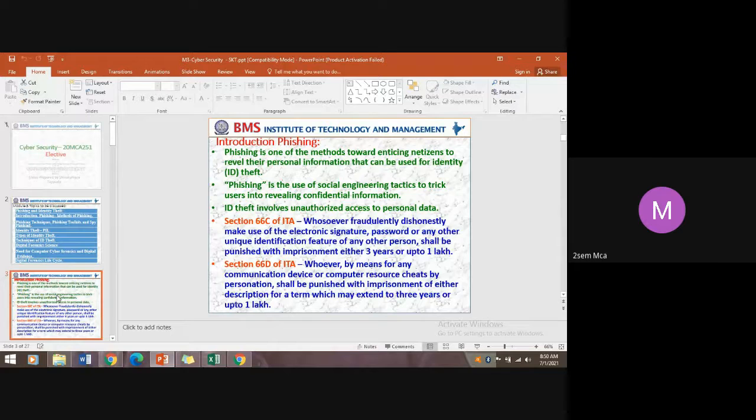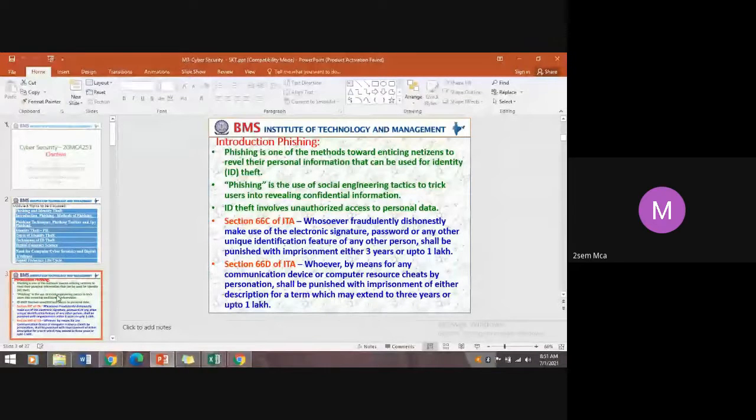So whoever it may be, a genius, a hacker, or any member of the public, who uses the passwords of others, not yours. If you are stealing digital or electronic signatures, or fraudulently, wrongly and dishonestly using them, then you will be punishable under Section 66C of the Indian Information Technology Act 2000.